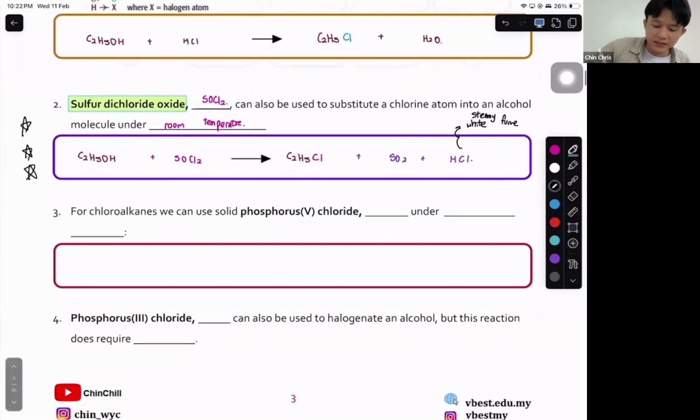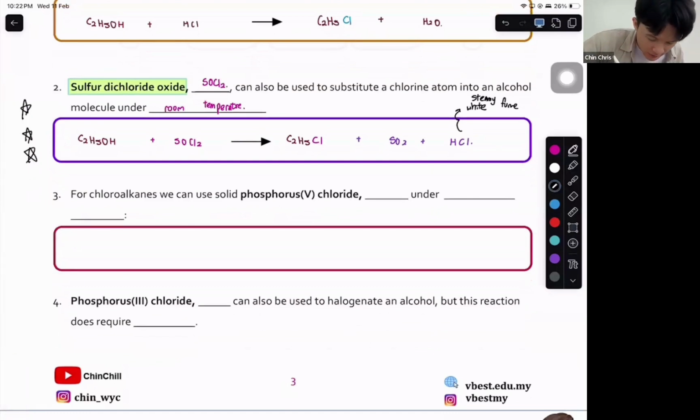Alright guys, I want you guys to balance another equation for me, which is this one. Okay, this time I want CH2OH2.